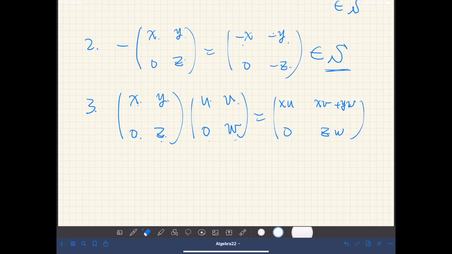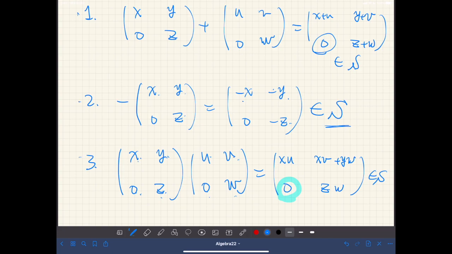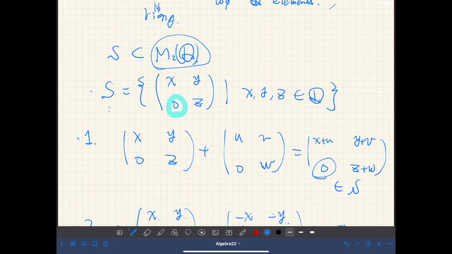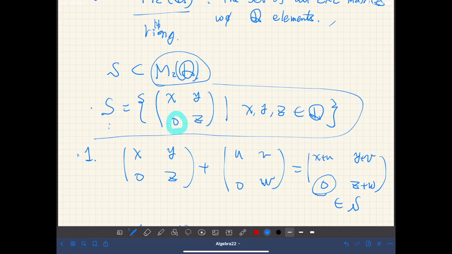Again, this is an element of S because this element is 0. So all three conditions are met. Therefore, this set is a subring of this ring.